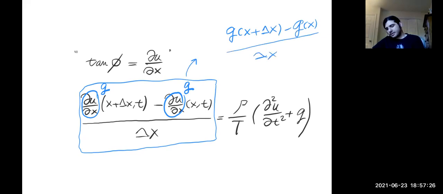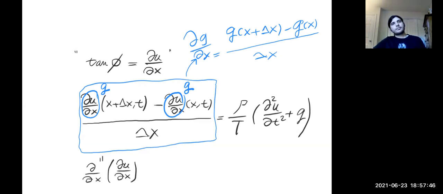This is just the derivative of g with respect to x by definition of derivative, right? But here g itself is the derivative of u with respect to x. So this thing here is the derivative with respect to x of the derivative of u with respect to x. In other words, it's just the second derivative of u with respect to x.